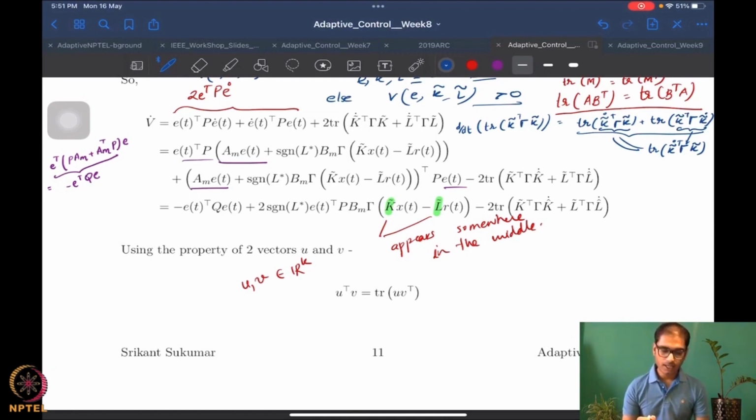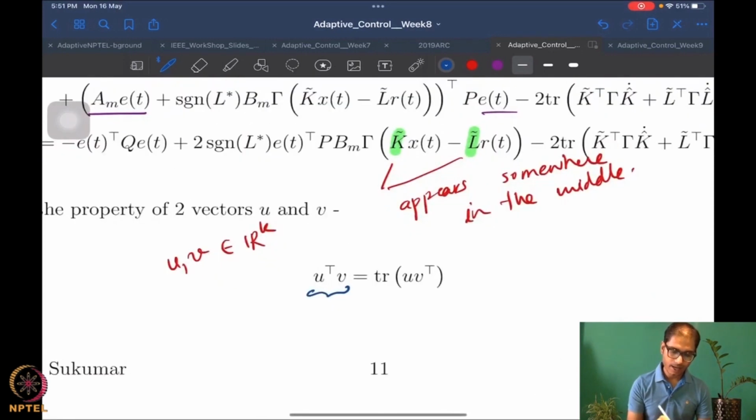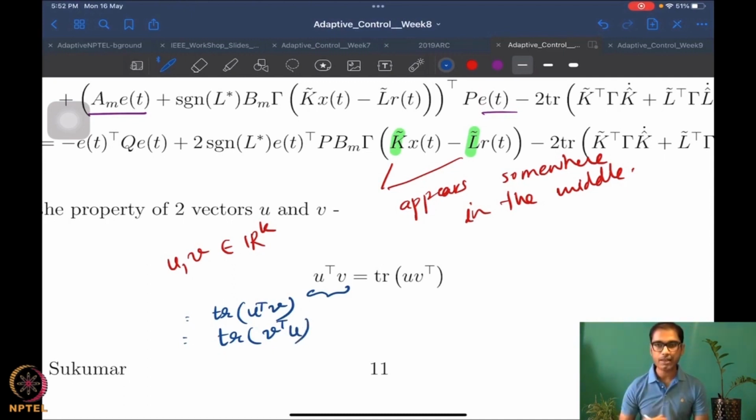Okay, so let's see. So this is actually equal to trace of U transpose V. It's a scalar, so this is also the same as trace of V transpose U, because that's the same scalar.